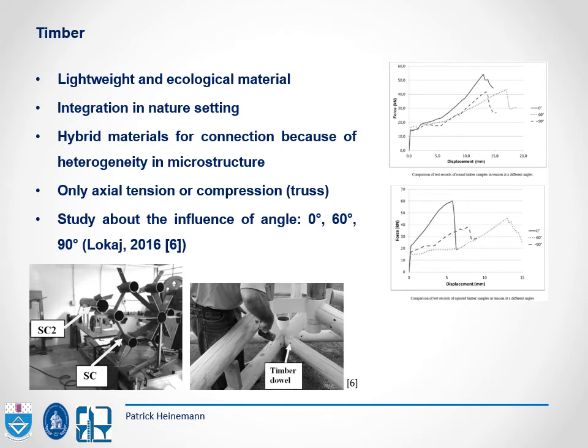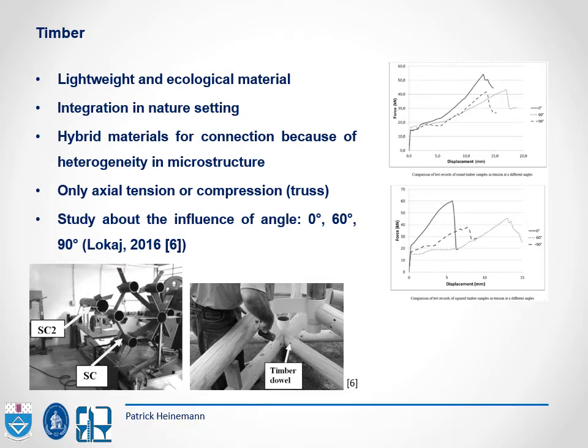The third material is timber. Timber is a quite special material. It is a lightweight and ecological material. It can be integrated quite easily in natural settings, but it's a hybrid material. So the joints cannot be made directly out of wood.